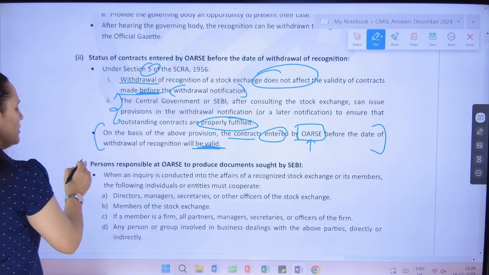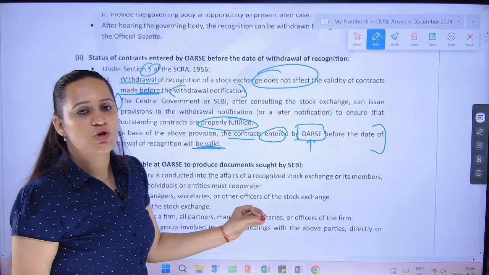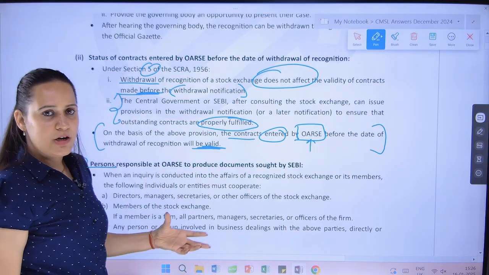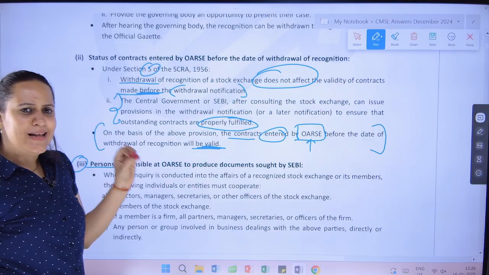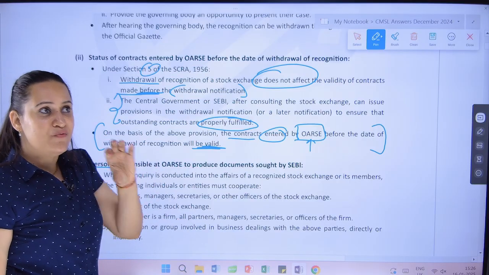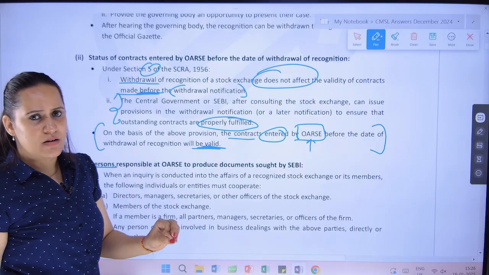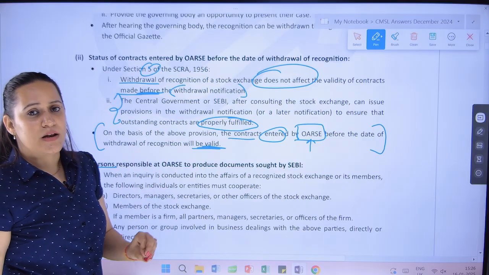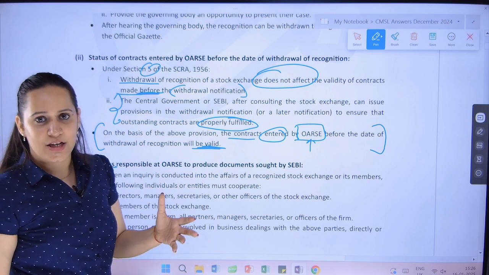Third sub question is, who is the person responsible at ORASIS to produce the documents sought by SEBI? Again, it is a direct question where we know that whenever any inquiry or investigation is being conducted by SEBI, every person associated with the stock exchange, every employee, every clerk, every director, will come under the obligation of complying and coordinating with the investigation procedure.